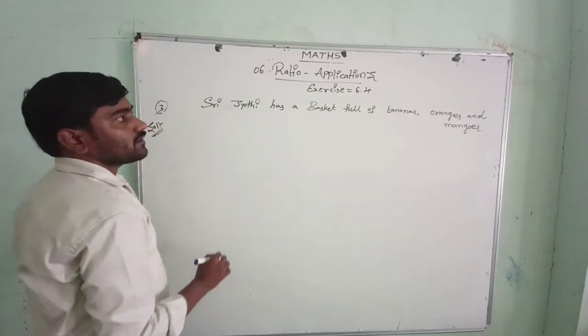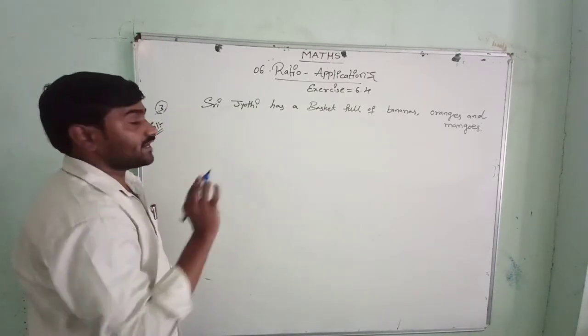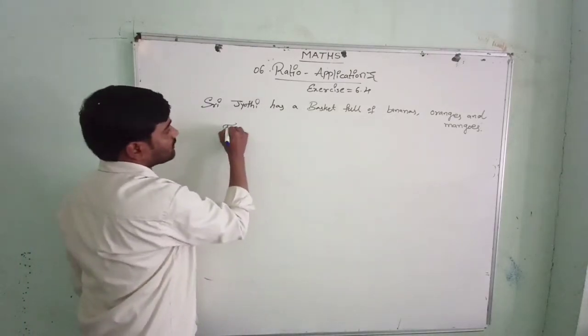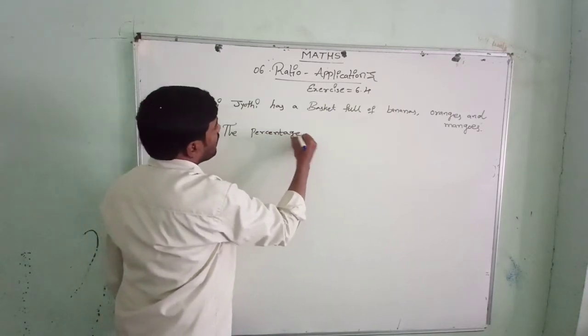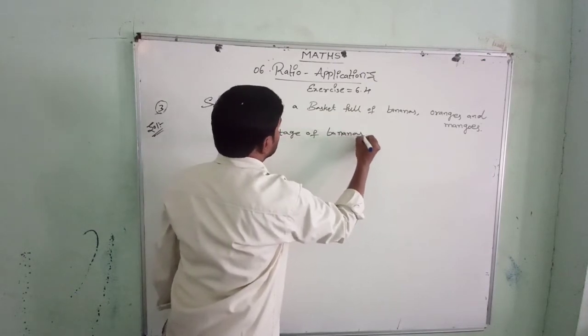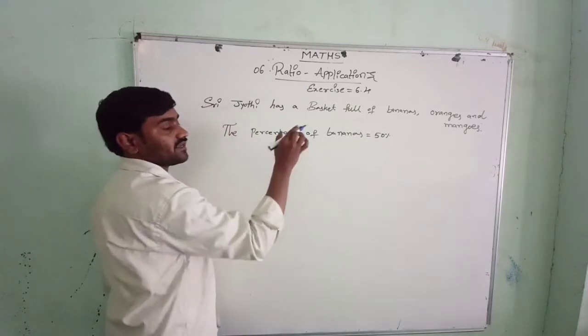So a basket will contain 100% actually. In that, the percentage of bananas is equal to 50%. How many percent of bananas? 50% are there in the basket.